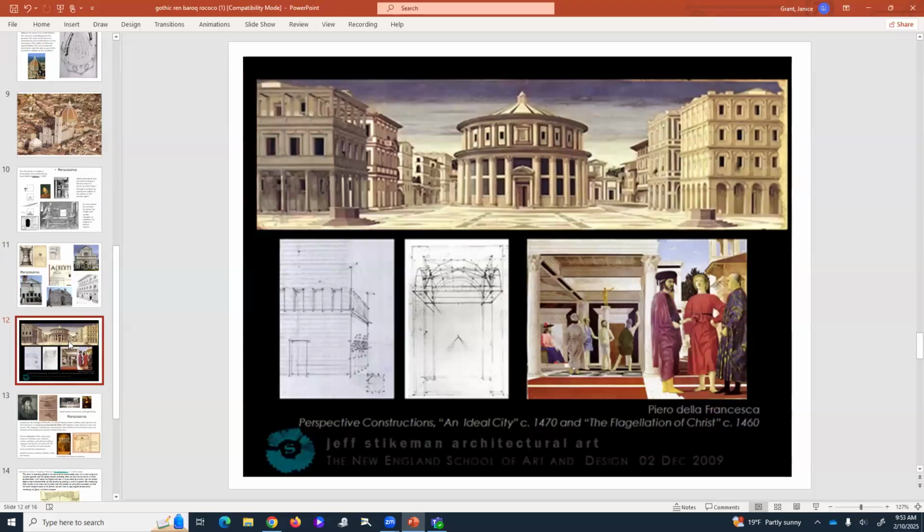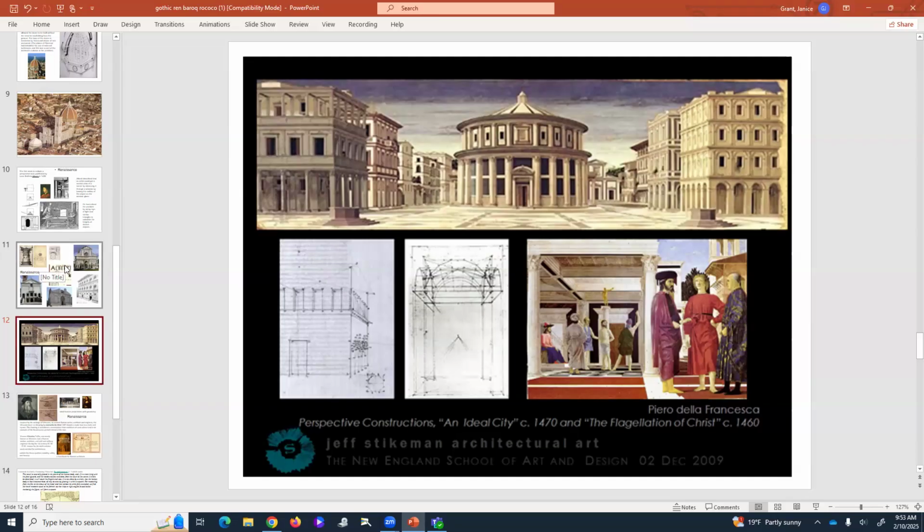So here's some pictures of his documentation on perspective drawings. They are now becoming more of in the architect's world, right? So the architects are becoming more perspective. We're looking at perspective, and we're drawing more.